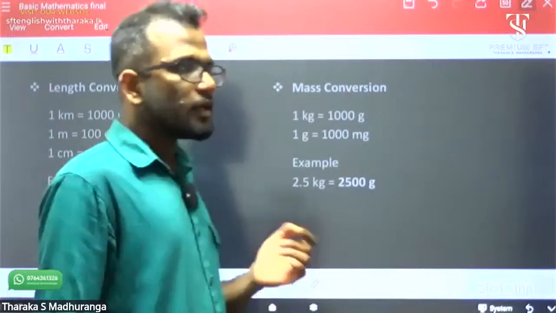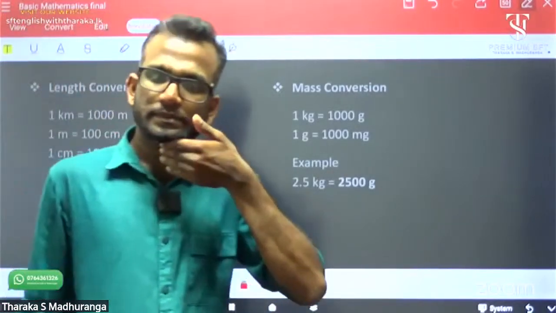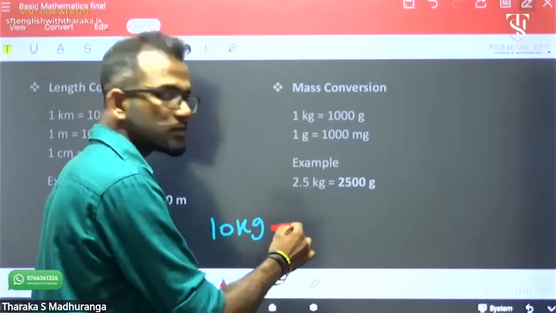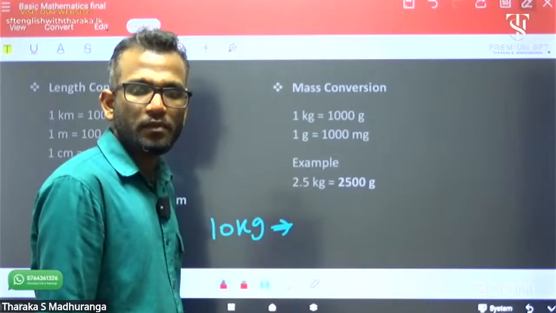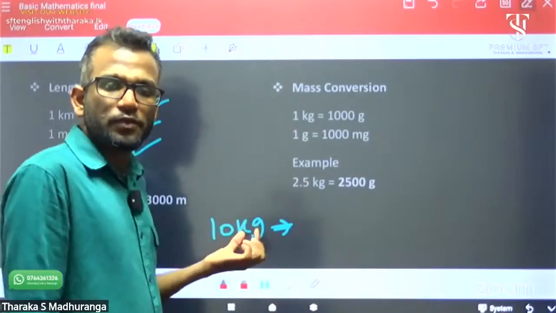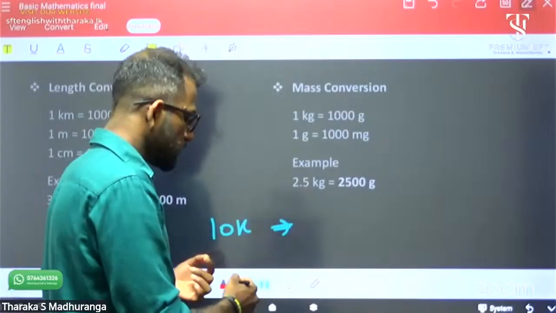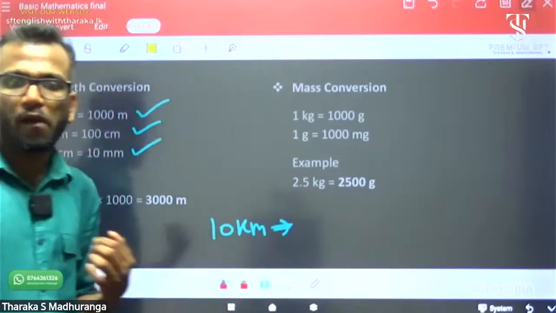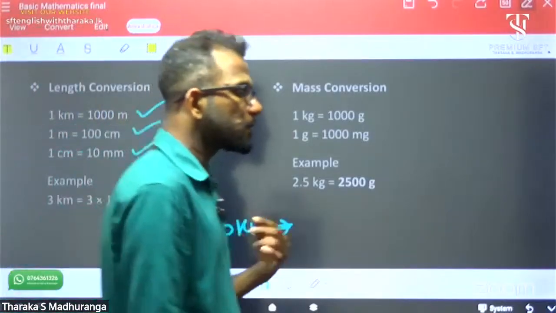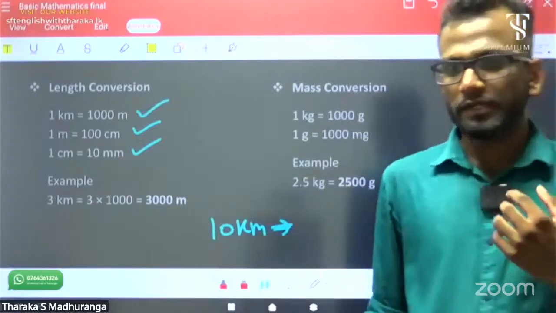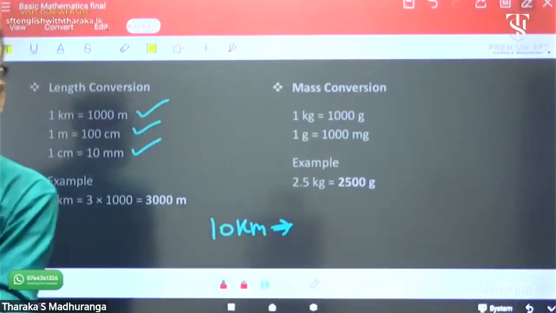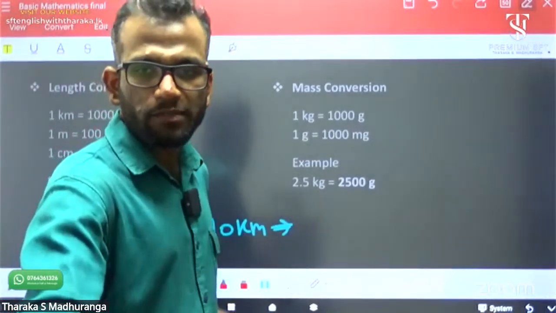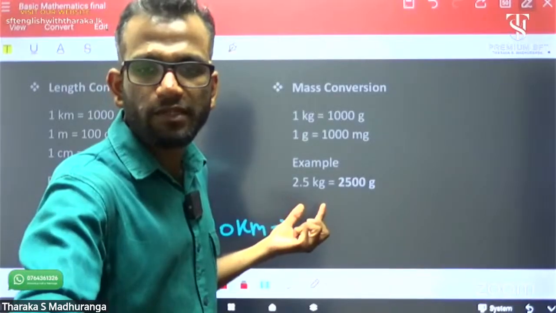What's the value? 10 kilometers, how many meters? Very good. 10,000 meters, because 1 kilometer equals 1000 meters.